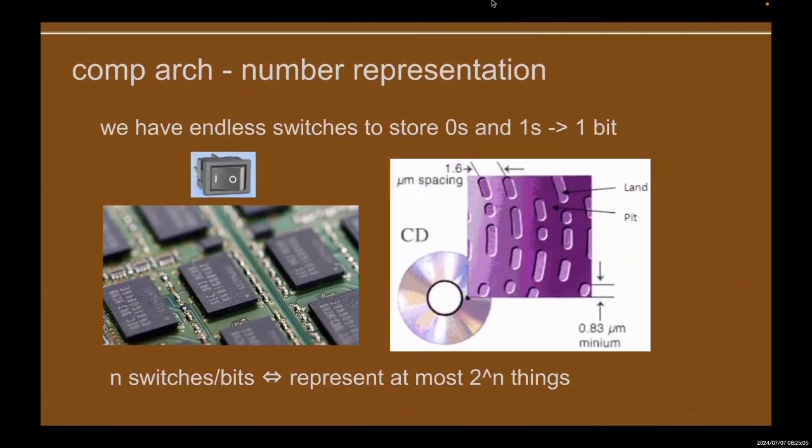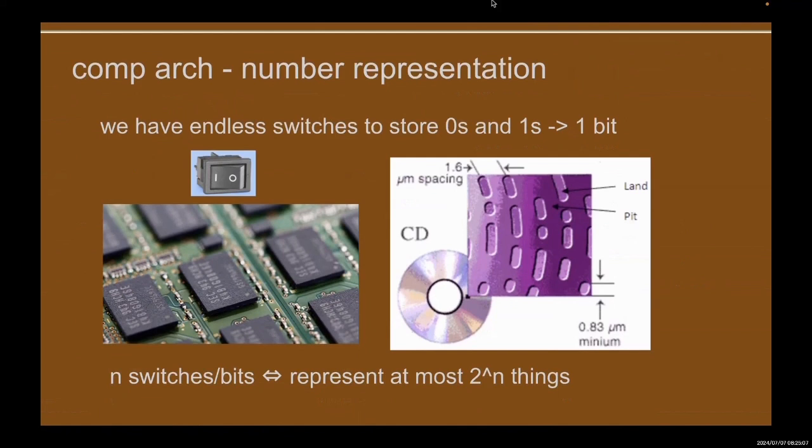Okay, so we represent everything in computer by zeros and ones. Today we only talk about storage. We store everything in computer by zeros and ones, and zeros and ones are switches, something like this, a switch. You must have seen an integrated circuit, and there are a lot of endless switches in this thing.